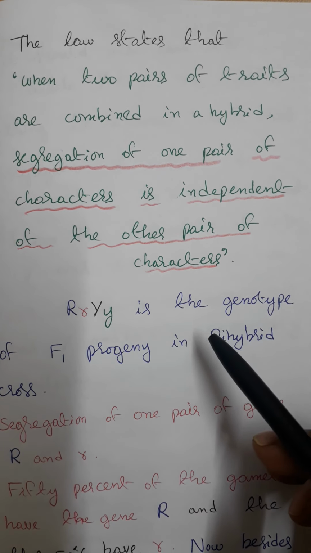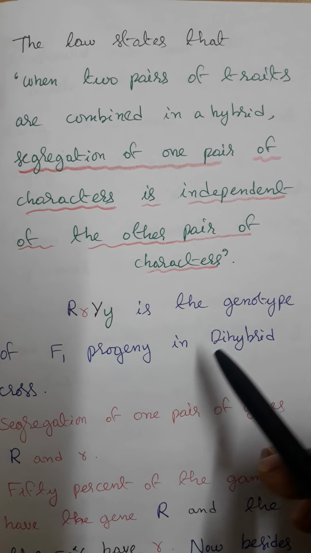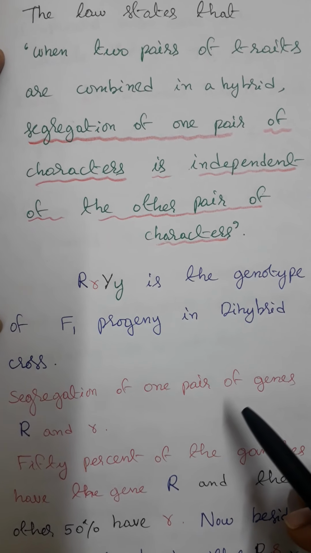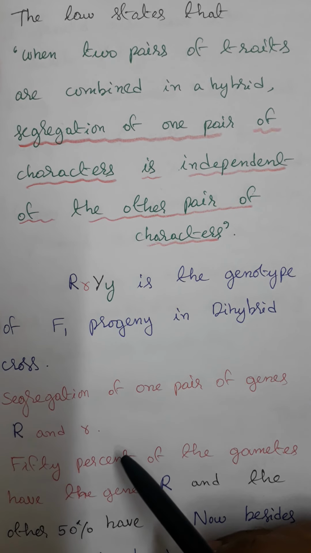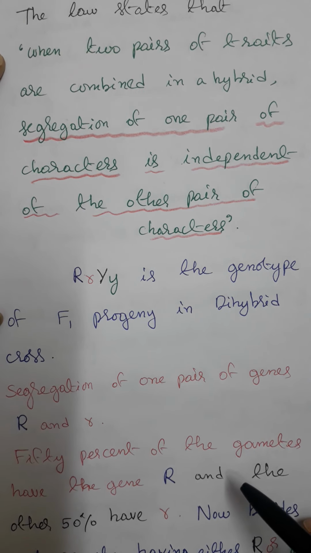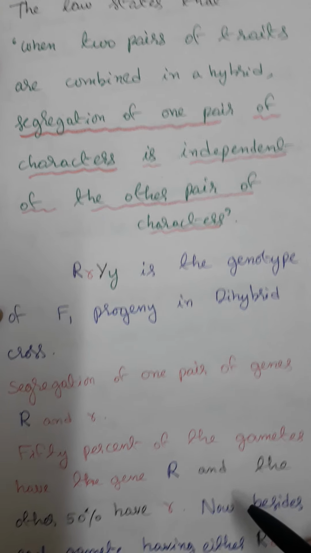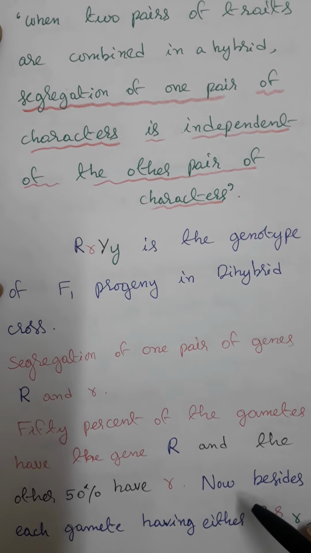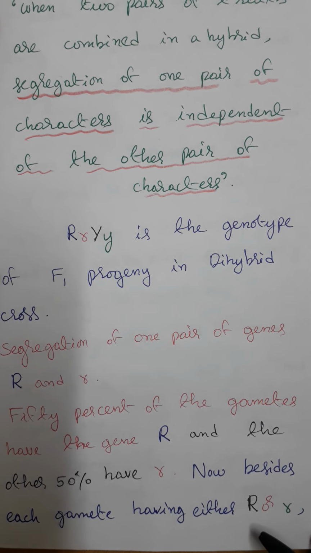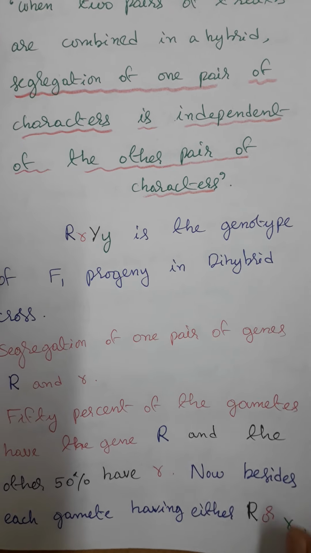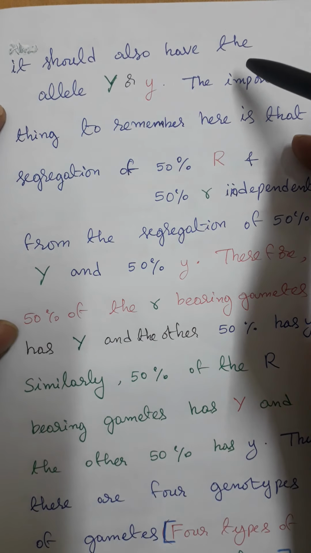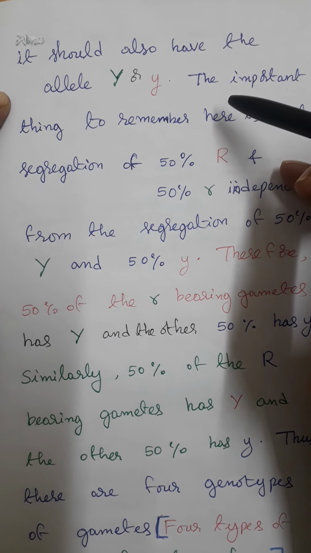So RrYy is the genotype of the F1 progeny in a dihybrid cross. Consider segregation of one pair of genes, capital R and small r. 50% of the gametes have the gene R and the other 50% have r. Besides each gamete having either R or r, it should also have the allele Y or y.